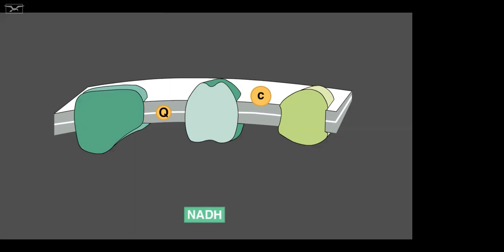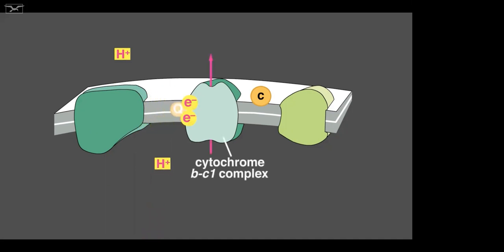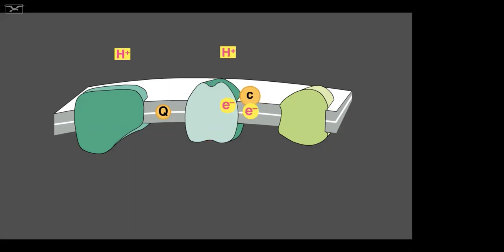This complex has a higher affinity for electrons than NADH and easily strips away the high-energy electrons. As the electrons are transferred from one protein to another in the complex, energy is released and used to pump protons across the membrane. Electrons are then transferred to ubiquinone, a different carrier that shuttles them to the next way station called the cytochrome BC1 complex, which again pumps protons as they flow through it. Because each complex in the chain has a higher affinity for the electrons than the previous one, the electrons keep moving through the chain unidirectionally.